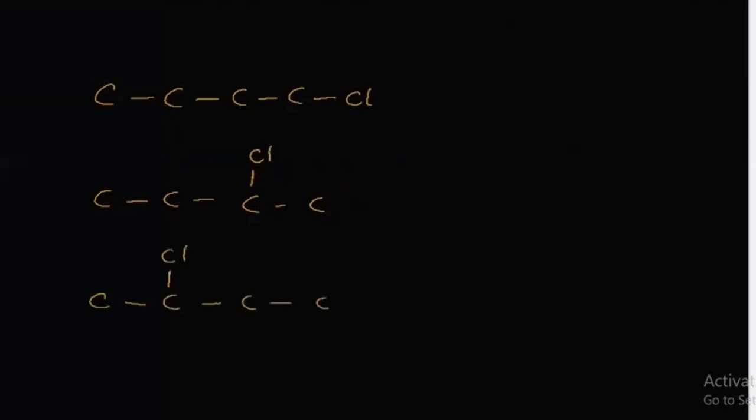If I put chlorine here, and if I put chlorine here, or if there are three carbon atoms, if I put chlorine here, and then the fourth carbon atom here.